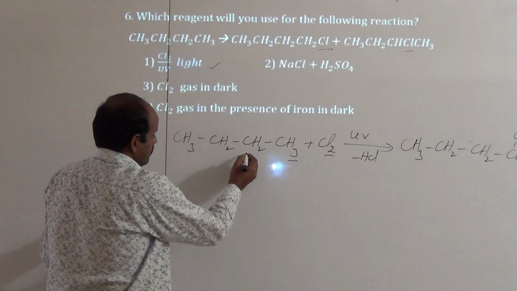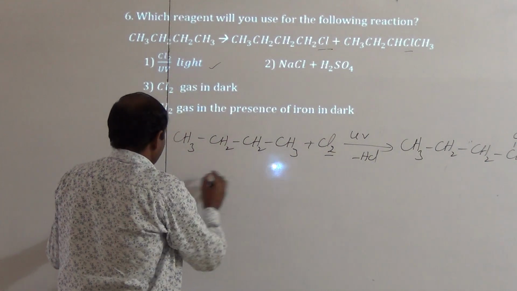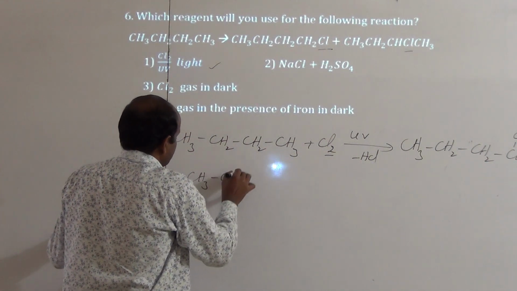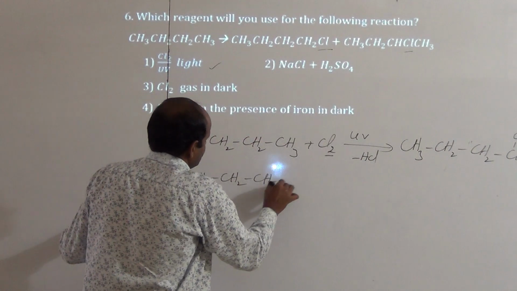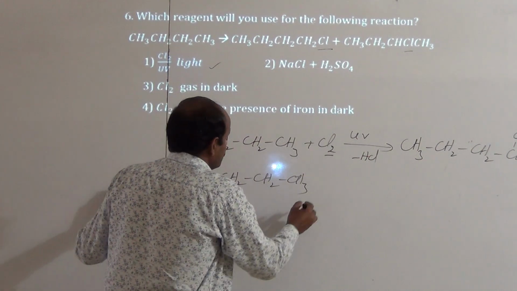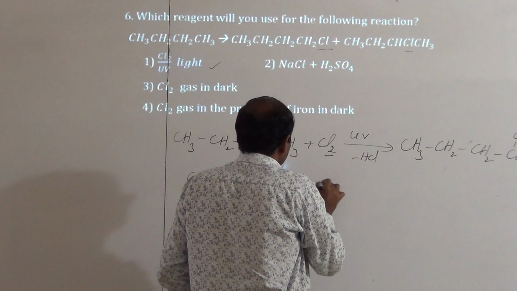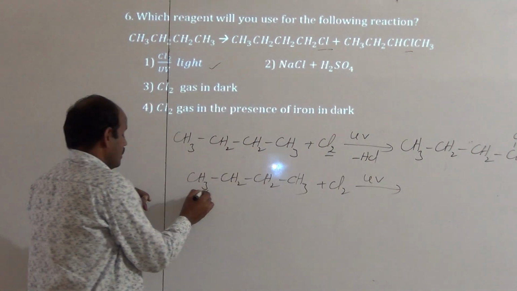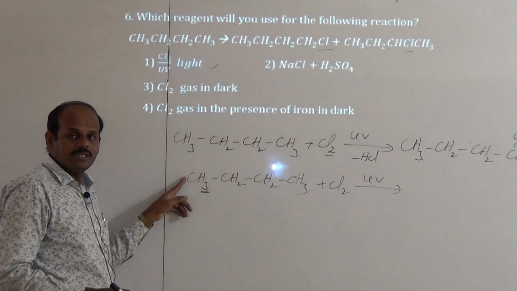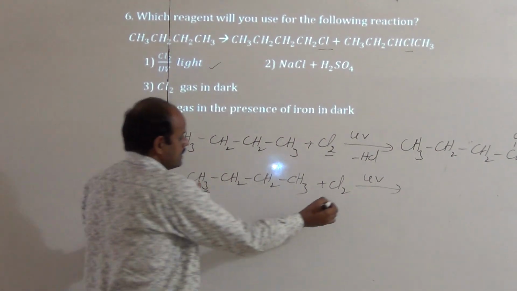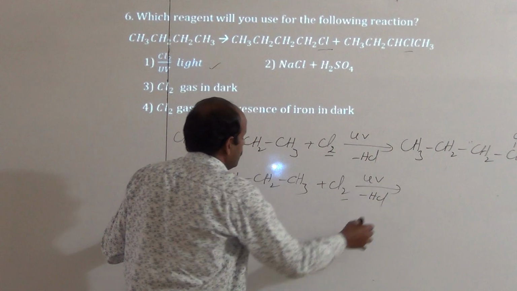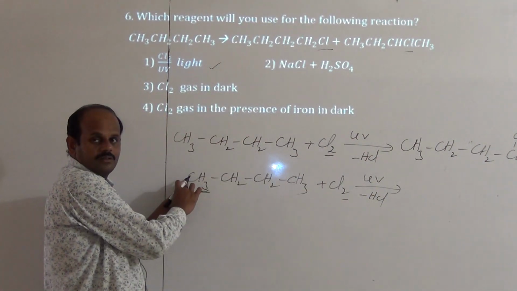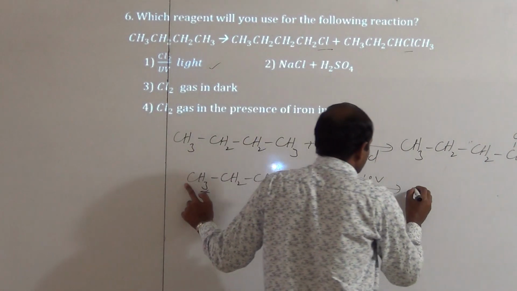Similarly take this one also, CH3CH2CH2CH3. Then chlorine is attacked on this carbon, meaning here hydrogen, here Cl, removed as HCl. Then Cl attacks this only. Then what compound will form here?